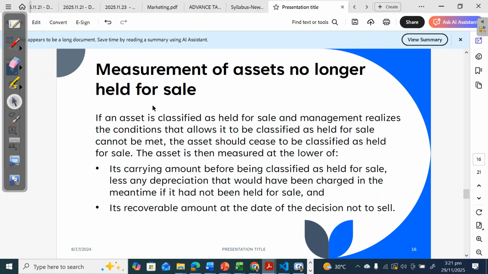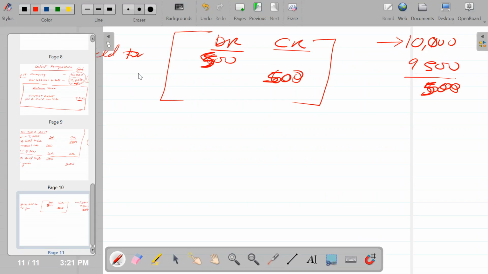Sir, before then, I want to understand this. During the period of held for sale, just as we said, we shouldn't charge depreciation. For tax purposes, is capital allowance granted on it during the period of being held for sale?